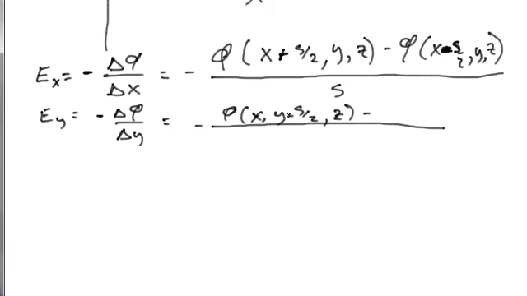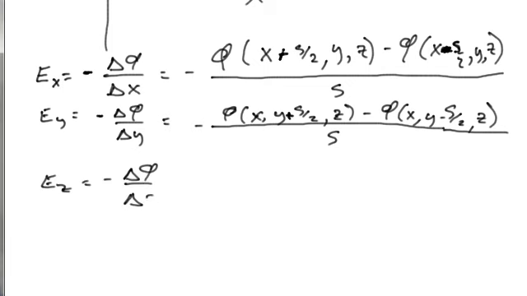So I go plus this, and then minus the phi at the initial position to get the change in phi, x, y minus step size over 2, and at z, all divided by the step size, and ez, which is minus delta phi over delta z, is going to be, and the delta phi, how much it changes, because only z changes is the idea, so we only let z change.